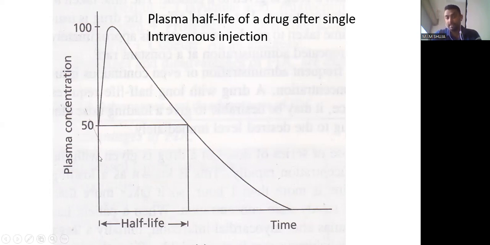Again, after another 5 minutes, it will be 12.5. That is how it comes. Half of the previous concentration is reduced for every T half time.